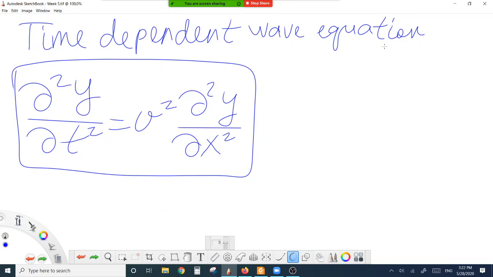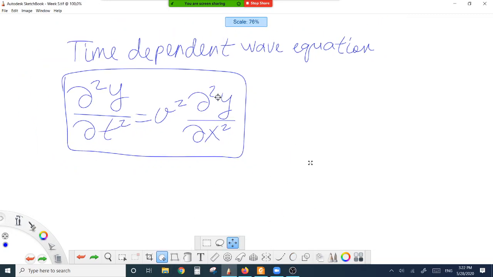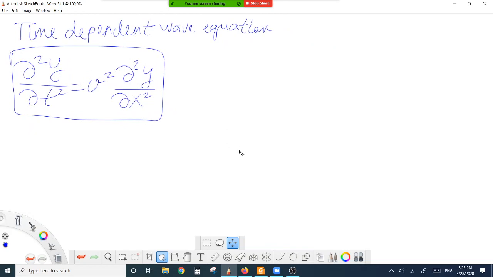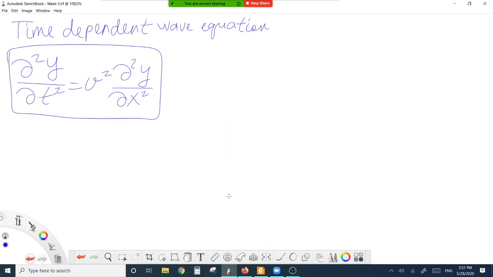Now we will see how to rewrite Maxwell's equations in terms of the magnetic vector potential.